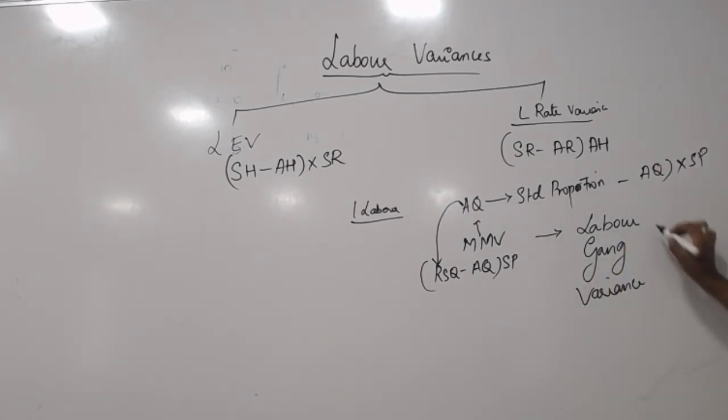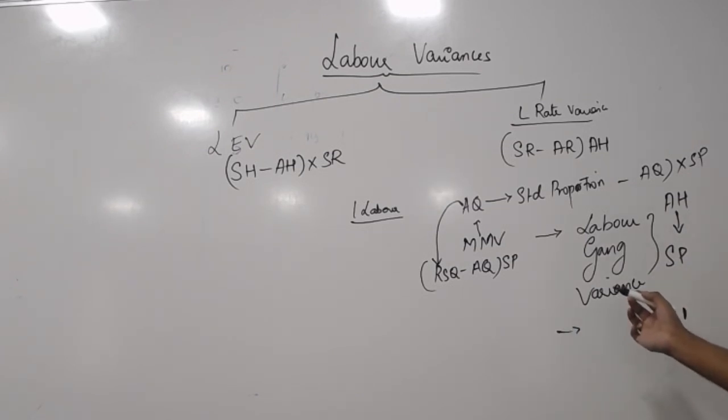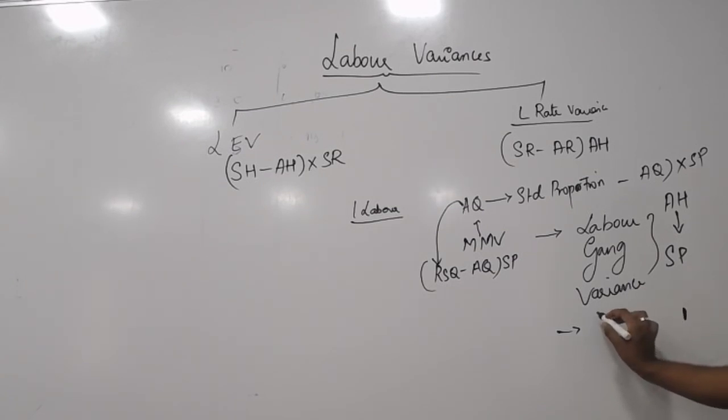Here, labor gang variance will be, what do you think? Actual hours in standard proportion. If I have to write it in terms of the formula, it will be RSH minus actual hours into standard rate.